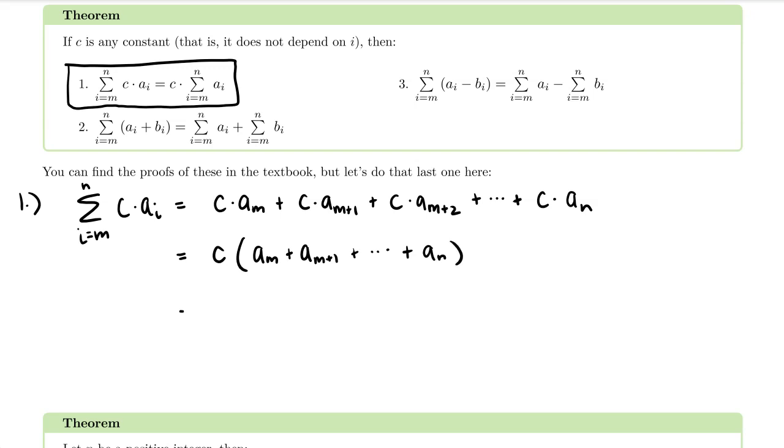And by definition, this is the same thing as c times, I can condense all of those terms inside the parentheses to i equals m, and our upper index is n, of a sub i, which is what we were trying to get to here. So once again, we have proven this part of the theorem.